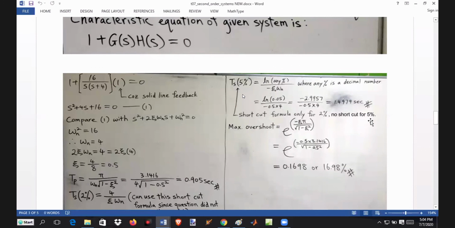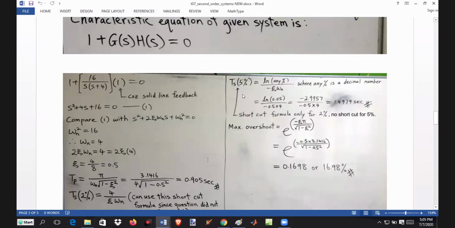Maximum overshoot is this formula. So you substitute for zeta, substitute for pi, and substitute for zeta square. It's like that, 0.1698 or 18.98%. So this question will show you how to use all the formulas given in the last page of the question paper.